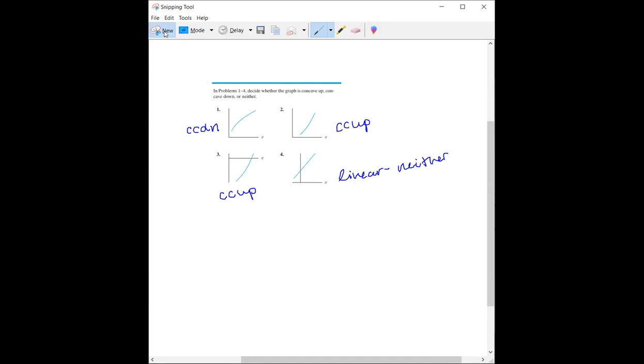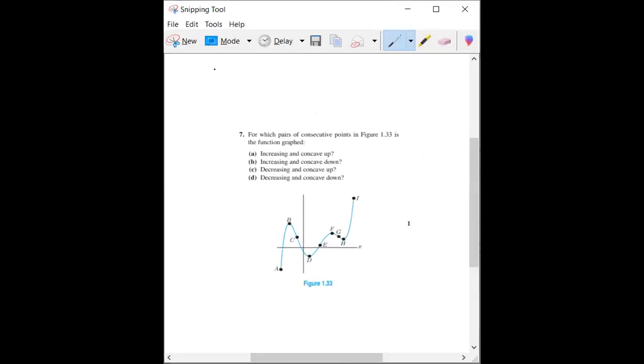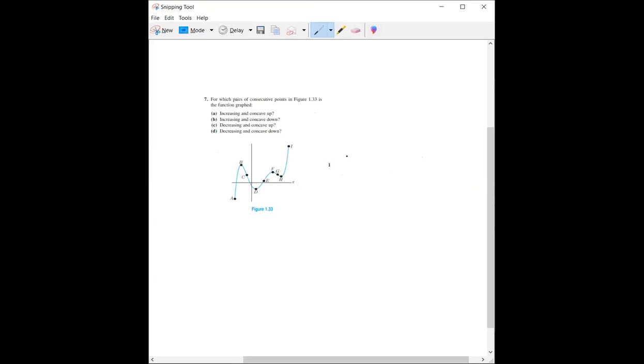Next, let's do this. Now it's asking us to think about increasing, decreasing, as well as concavity. And this is something that you will continue to do throughout this course.